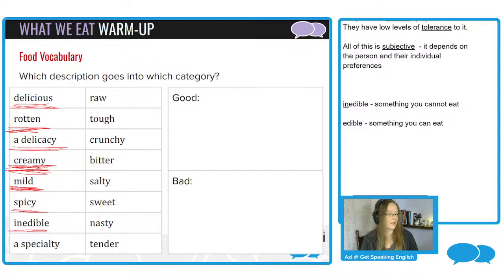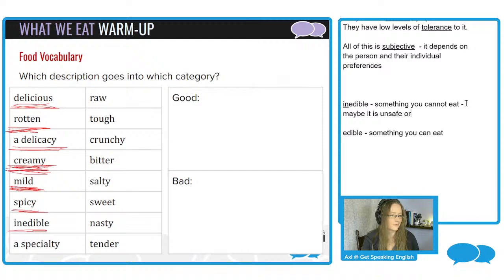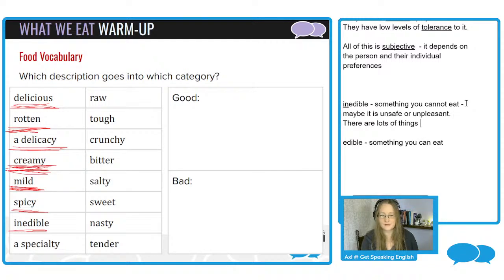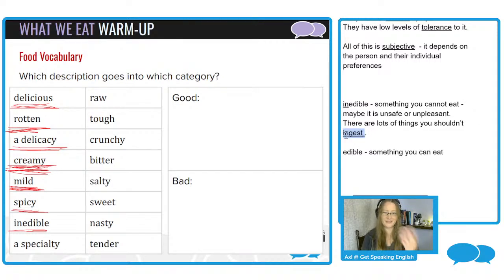Exactly. So something you cannot eat, maybe because it's just unsafe or unpleasant. Or maybe it's just something that's not fit for eating, you know? There are all sorts of things that you probably shouldn't ingest, right? So ingest as in eat, put in your mouth, put in your body.